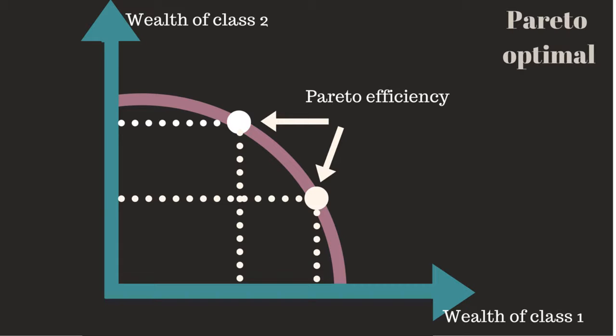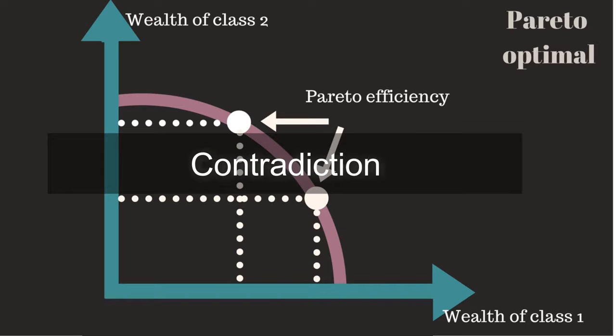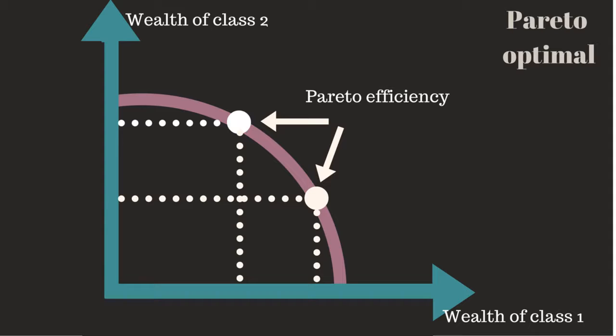And it sounds so familiar to the definition of engineering contradiction of Altshuller. If we improve one parameter, one property or one function of one part of an engineering system, then another property of another part of the engineering system worsens. So it's exactly the same situation. If it is possible to improve something without worsening other parameters, then there is no contradiction, or the system is not in Pareto optimum.